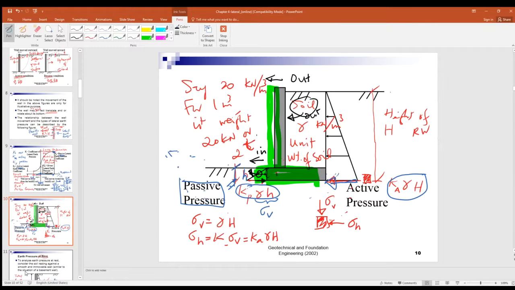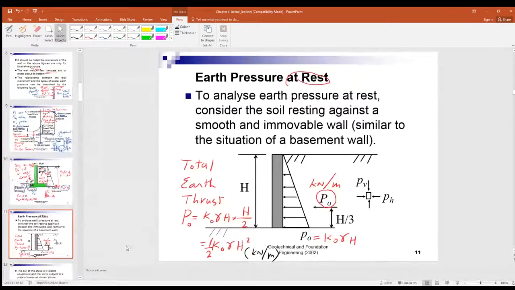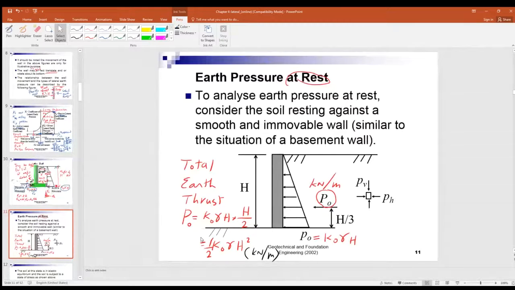If the active pressure is greater than the passive pressure, then the retaining wall is going to slide towards the left. So that could be a very big engineering trouble in geotechnical engineering, if the retaining wall is going to move.